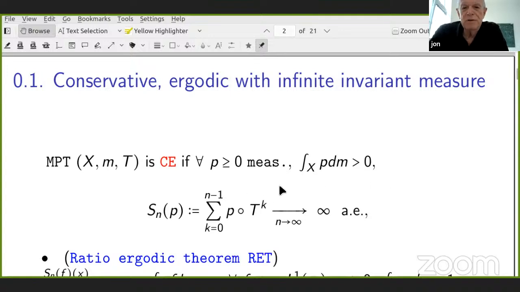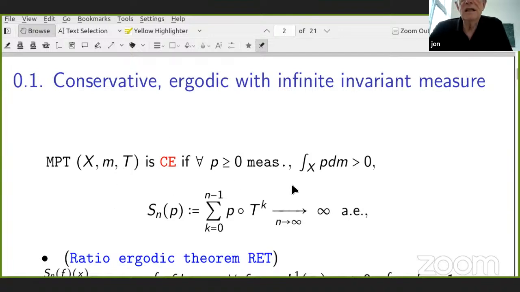For an infinite measure preserving transformation, you could take f to have integral 1, and g to be the indicator function of a big set, and then this would tend to something big, and the reciprocal would tend to something smaller than 1 over n times S_n f. So this would give me little o of n.